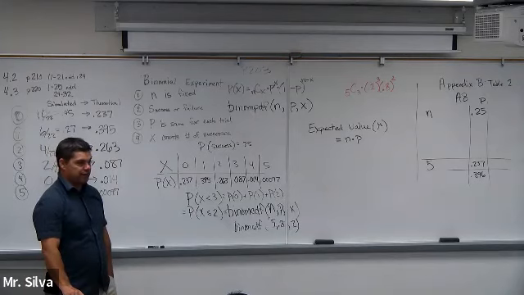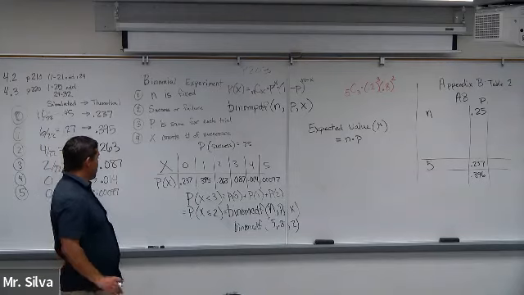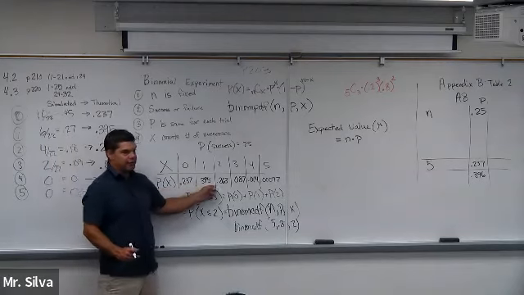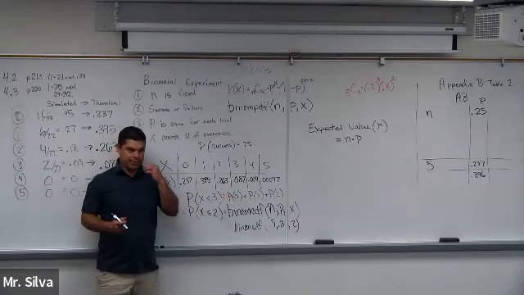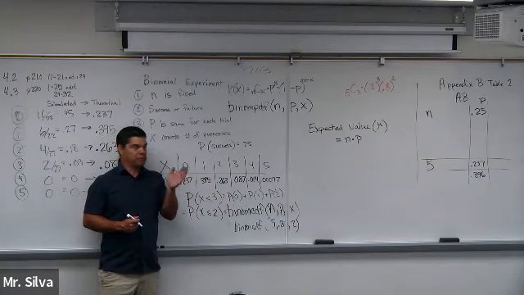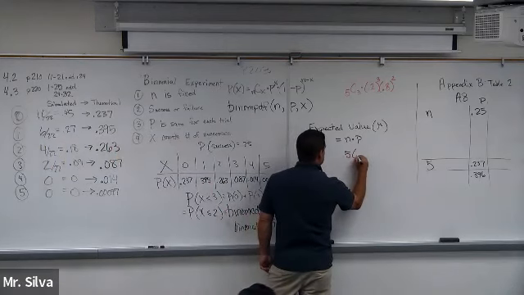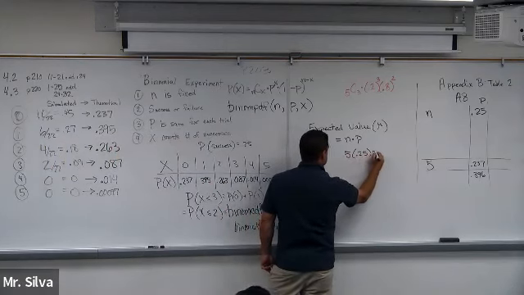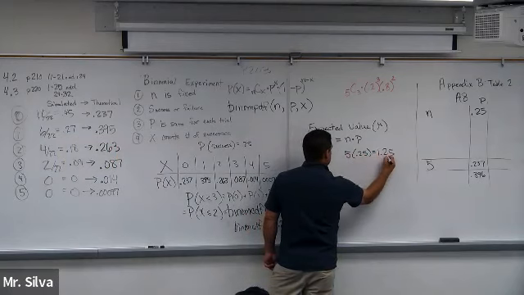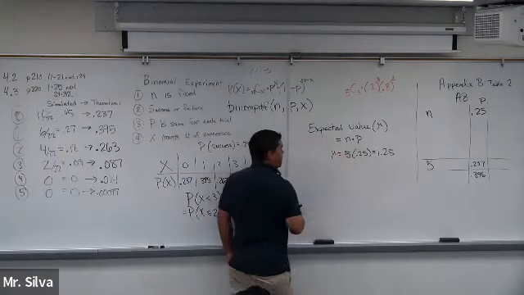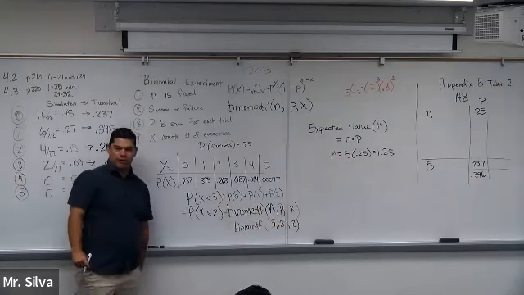P was 0.25. 5 times 0.25 is 1.25. So the mean for this distribution is 1.25, a little more than 1 question right. So the mean for that distribution is 1.25.